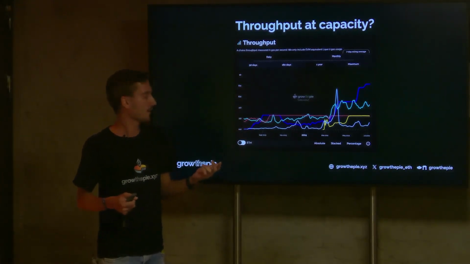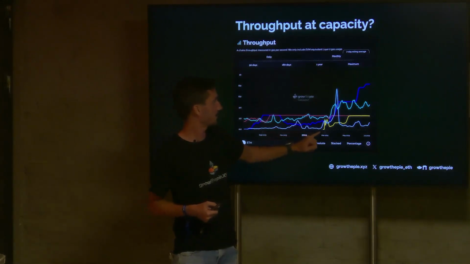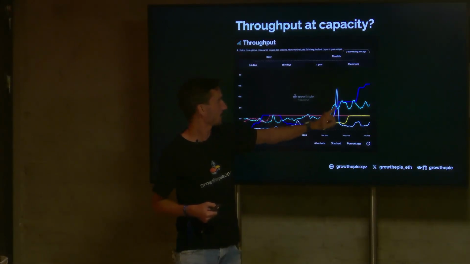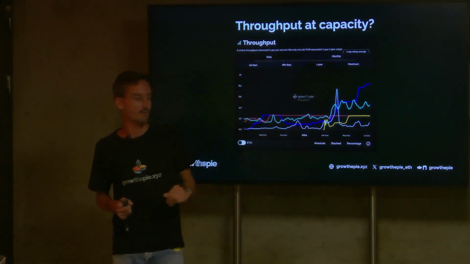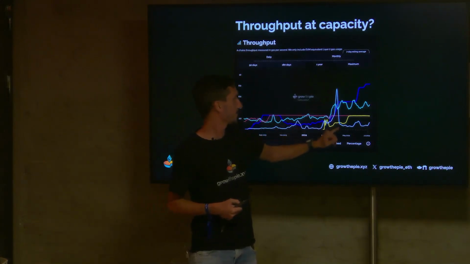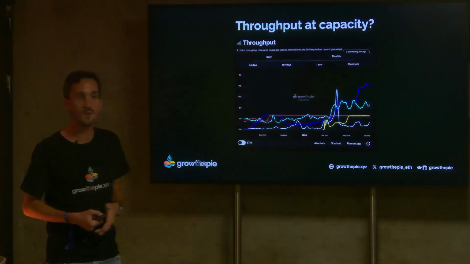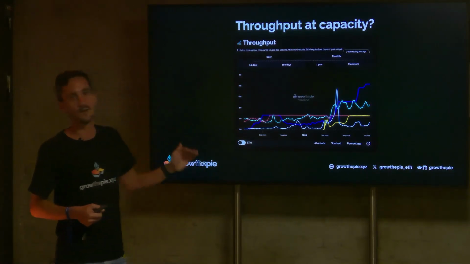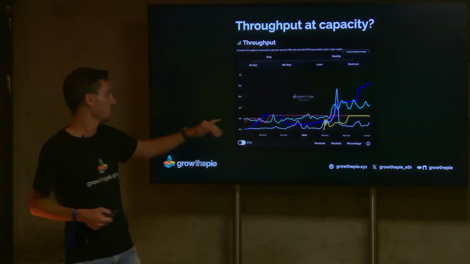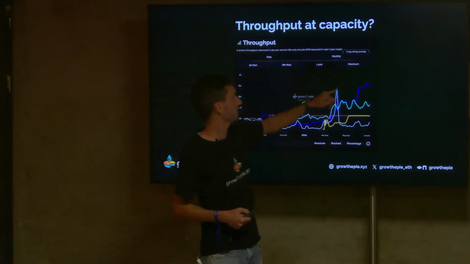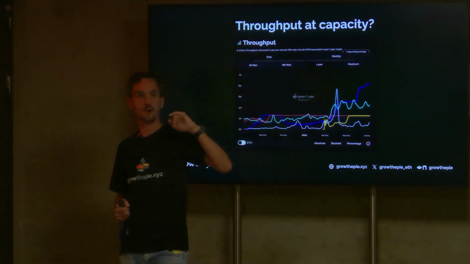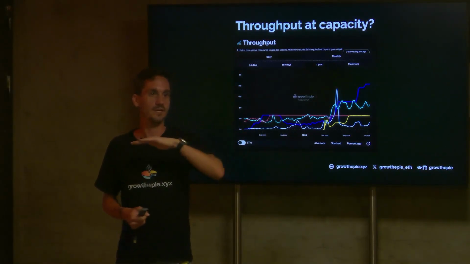But they also have to make sure that they can still run at this higher throughput, which is an interesting metric, because this light blue line, that's actually Linea. And you see Linea had its peak. I think they did an experiment with Linea Park, for example, and then they had a lot of transactions all of a sudden, which is interesting, because you see Linea can operate at a totally different capacity.